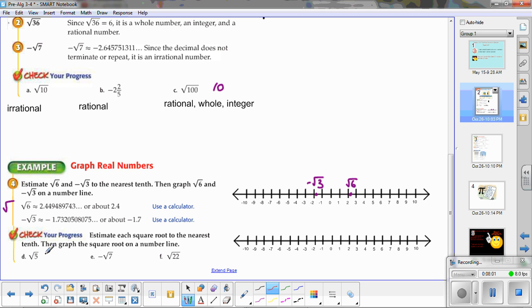I don't have my calculator handy, but 2 squared is 4 and 3 squared is 9. So it's going to be a little bit more than 2, but less than 3. It's closer to 2 than it is to 3, so I'm going to put it about right there. Again, you can use your calculator to check what exactly the square root of 5 is. Go ahead and label that.